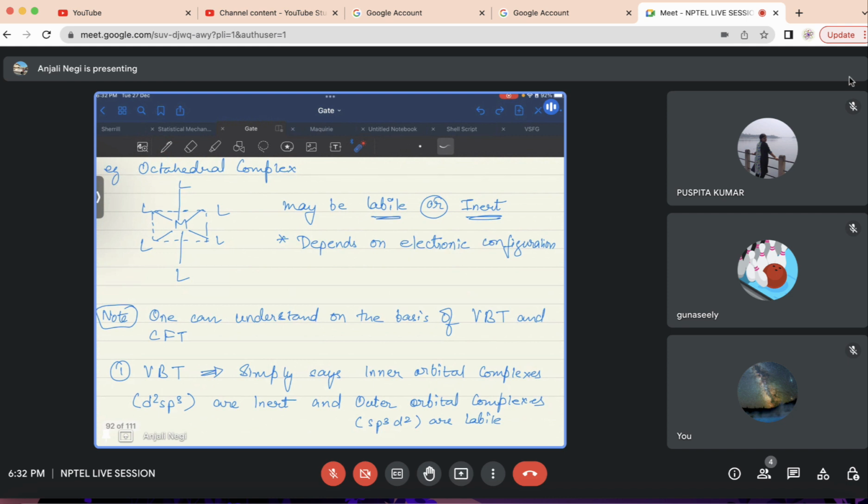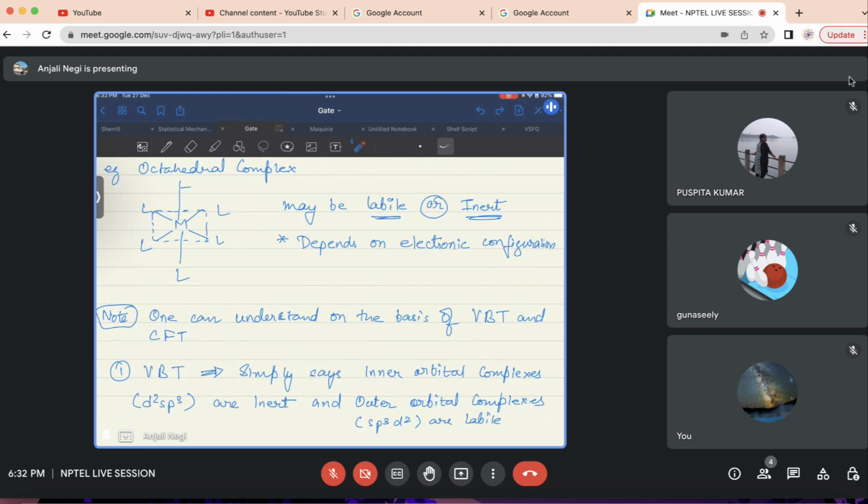One can understand on what basis my complexes are labile or inert on the basis of either CFT or VBT. CFT, as we know, is crystal field theory, which came later, but initially it was valence bond theory, which was VBT. VBT simply says that the inner orbital complexes, that is d2sp3, using the inner d orbital, correct?